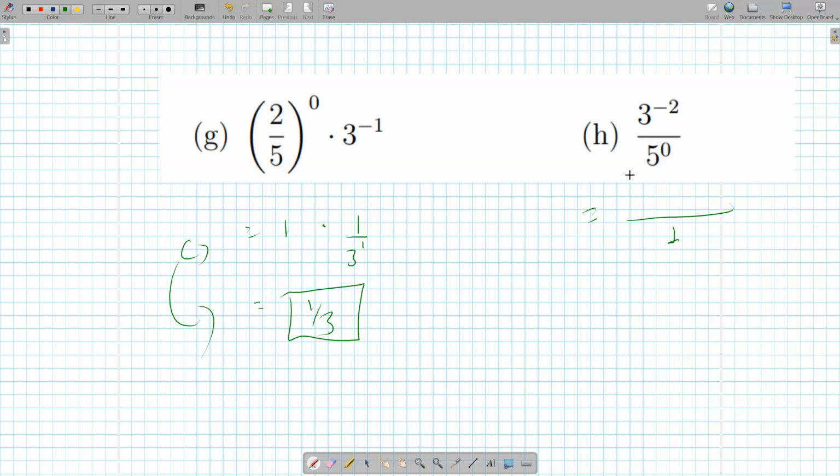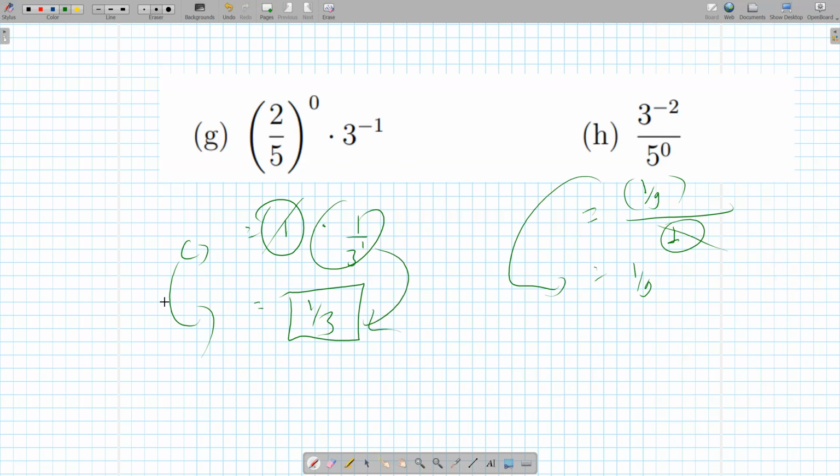It's gonna be 1 over 9, okay? And 1 over 9 over 1, what's that? It's just 1 over 9. Anything you multiply or divide by 1, you can just ignore that. You just get whatever you have left, okay?